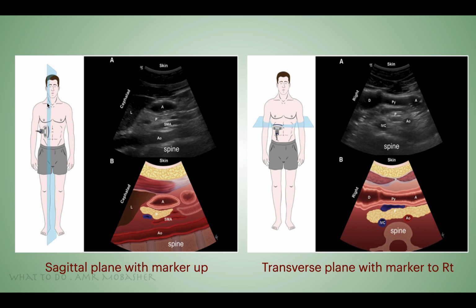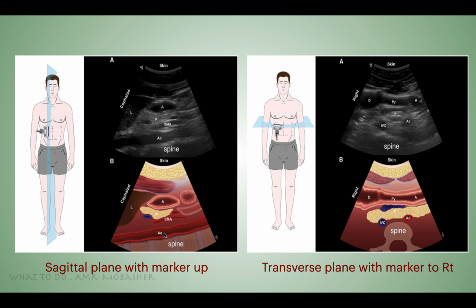Since the marker is looking cranially towards the patient's head, this means that the left side of the screen is the head side, or cranial side, or superior side, and the opposite side would be the caudal side or inferior. So superior, inferior. And the other plane: this is the probe, skin, superficial tissue. So this is anterior, and go deeper and deeper till posterior. So we cut the patient sagittally in longitudinal sections, and we look from the side, like this. That's why the aorta is being cut along its longitudinal axis.